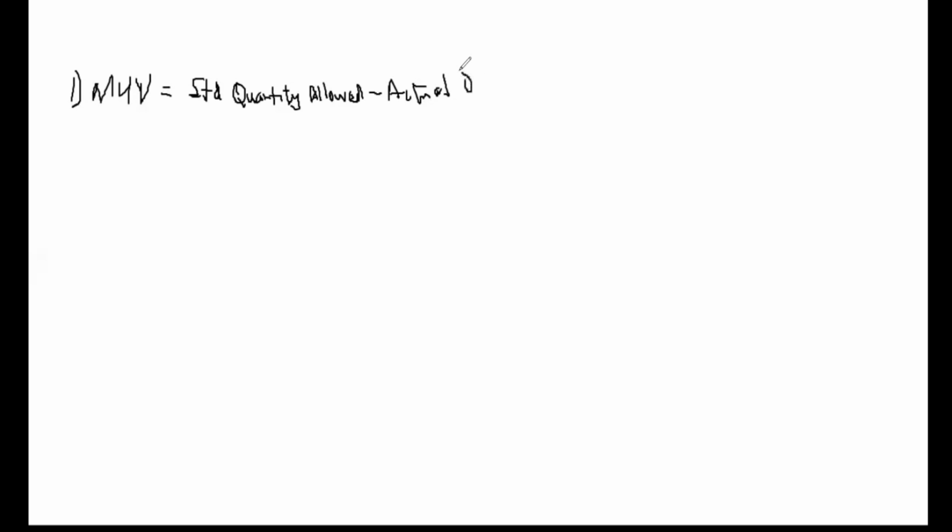Let me use Q instead of writing the full word, so Q stands for quantity. Actual Q used, in bracket, times standard price.